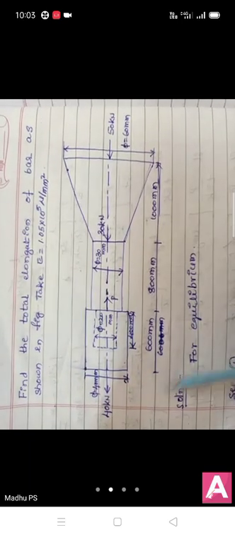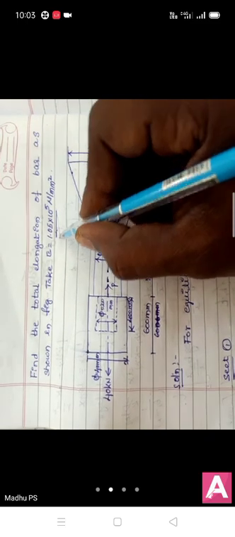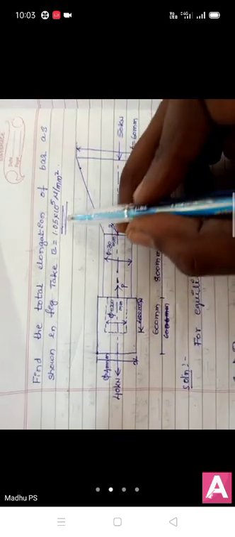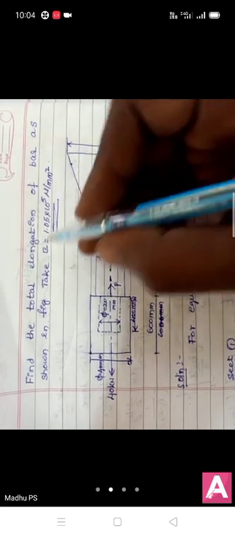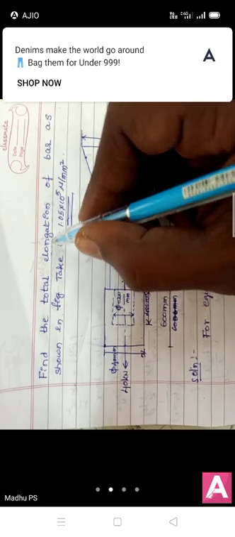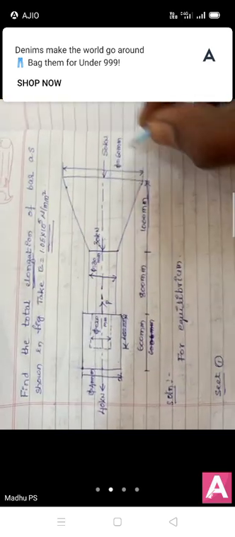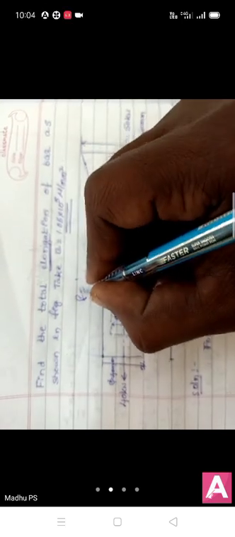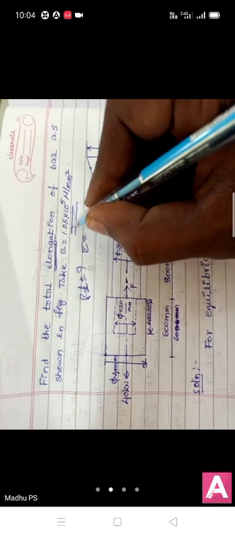This is the most important thing. In the problem definition only they mentioned the Young's modulus. Young's modulus we have to take as 1.05 into 10 raised to 5 Newton per mm square. And our aim is also given. We have to find out the total elongation, that is, the change in length, delta L. Again, Young's modulus is given.